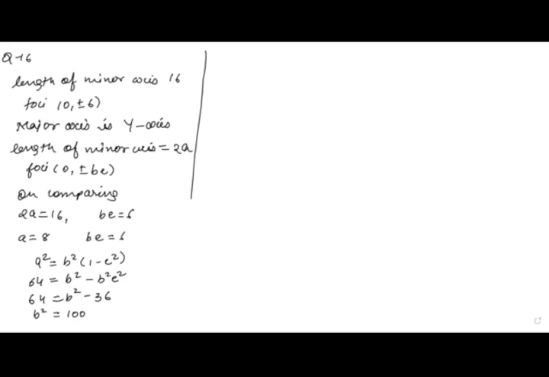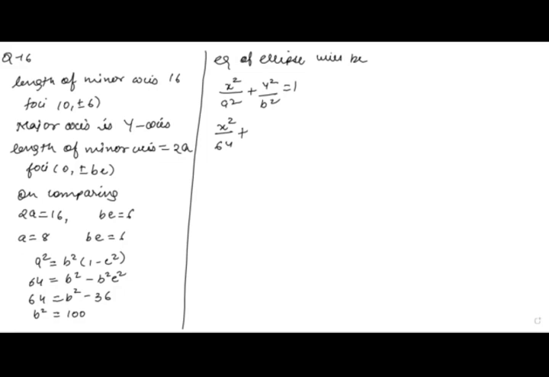So I got the value of a square, I got the value of b square. So equation of ellipse in this case will be x square by a square plus y square by b square is equal to 1, keeping the value of a square as 64, x square by 64 plus y square by 100 is equal to 1.